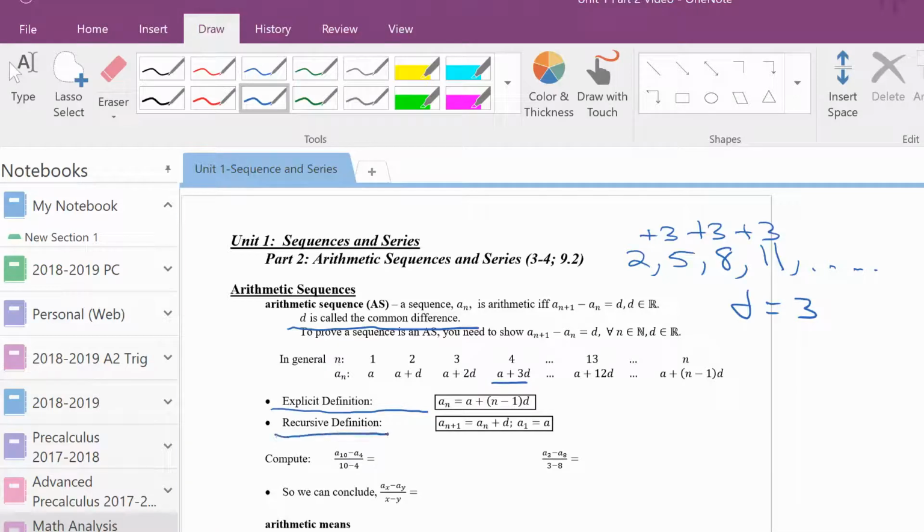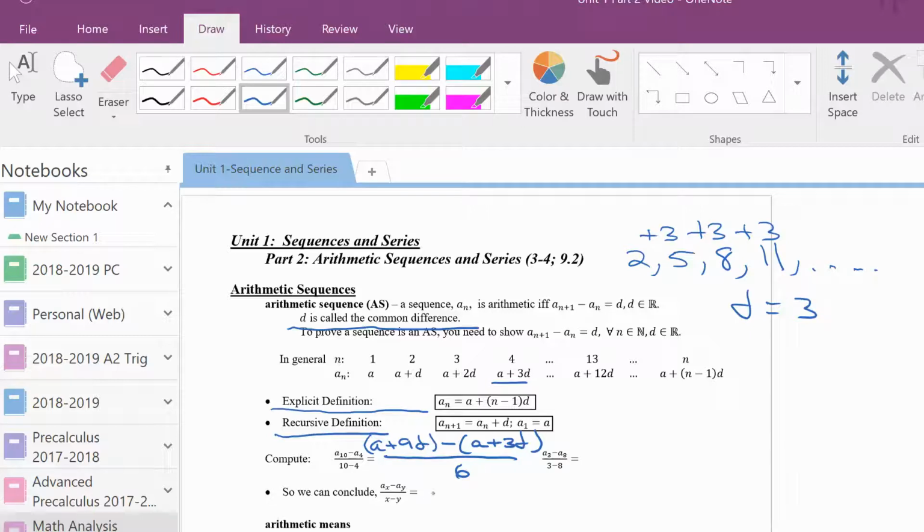The recursive definition is just that you take the previous term and add the difference, if the first term is equal to A. So if they ask you to compute the 10th term minus the 4th term over 10 minus 4, well, the 10th term is equal to the first term plus 9 times the difference, minus the 4th term, which is the first term plus 3 times the difference, all over 6.